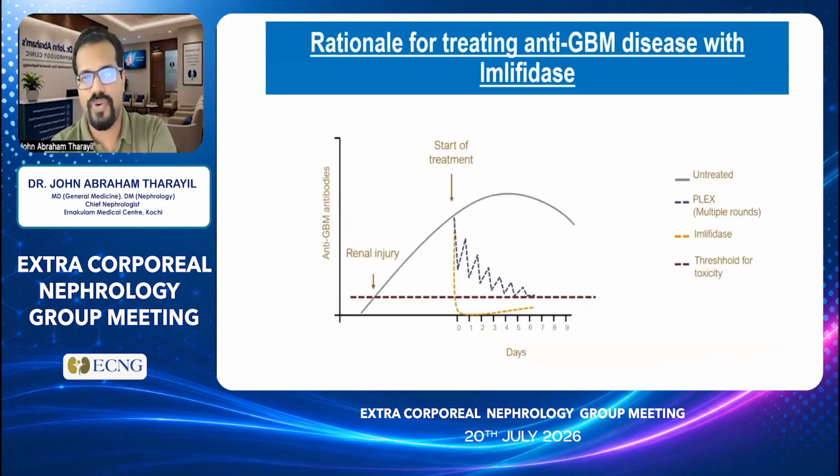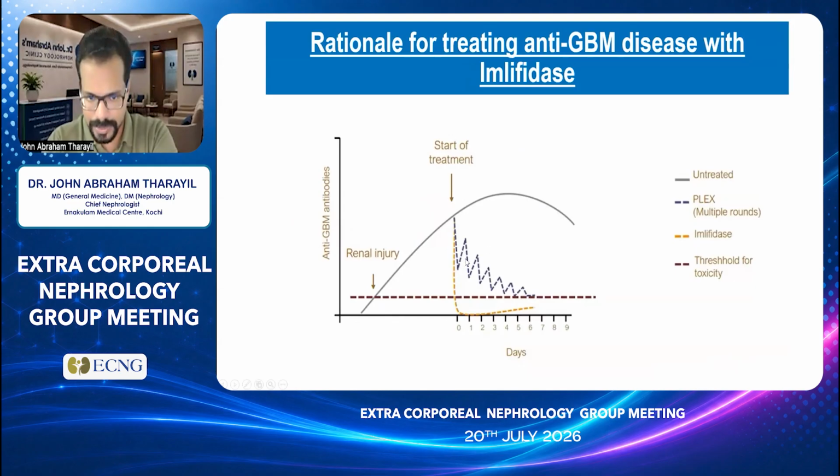The rationale for treating anti-GBM disease with imlifidase: this is an untreated case of anti-GBM disease where the anti-GBM antibodies go like this. On day 0, as you start imlifidase, you have a drastic decrease in the anti-GBM titers, which is seen very fast, within 24 hours.